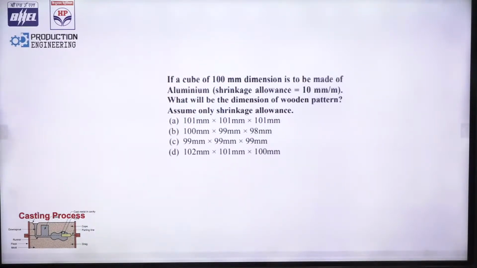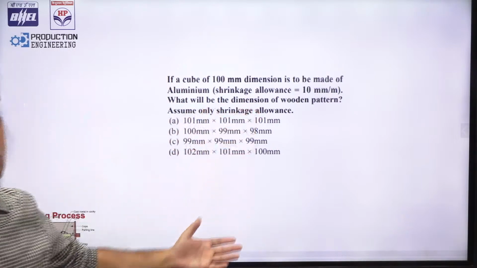Now, you can expect a question in casting on shrinkage allowance. If a cube of 100 millimeter dimension is to be made from aluminium, and the shrinkage allowance given is 10 millimeter per meter, what will be the dimension of the wooden pattern? First answer this: should the pattern be larger size or smaller size?